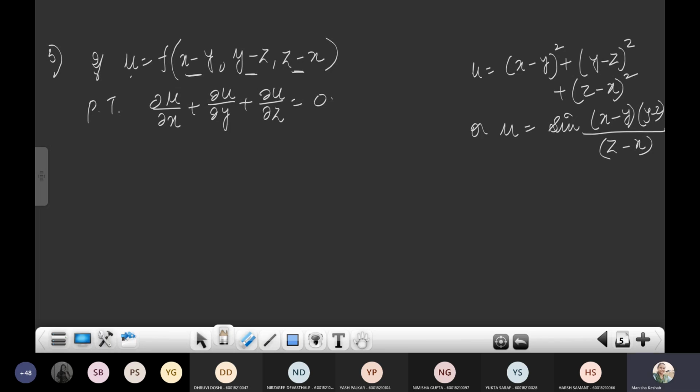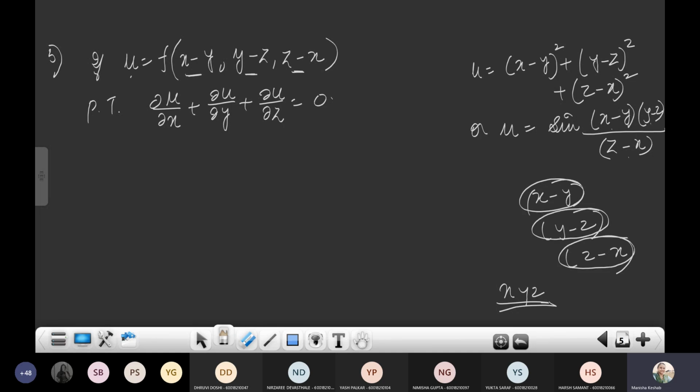जब ये फंक्शन रहेगा तो फिर ये टर्म्स रहेगा x minus y, y minus z and z minus x. Only x, y, z इस तरह से नहीं आएगा. जो भी फंक्शन हम डिफाइन करेंगे u के लिए, तो it will always involve x minus y, y minus z and z minus x.